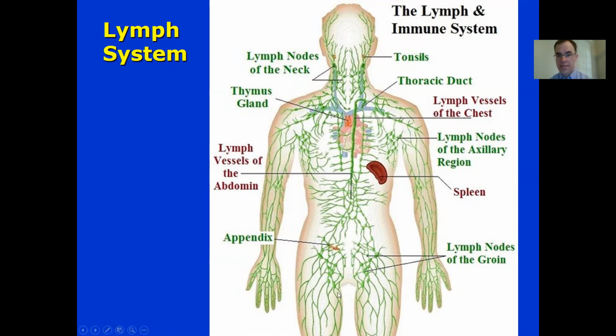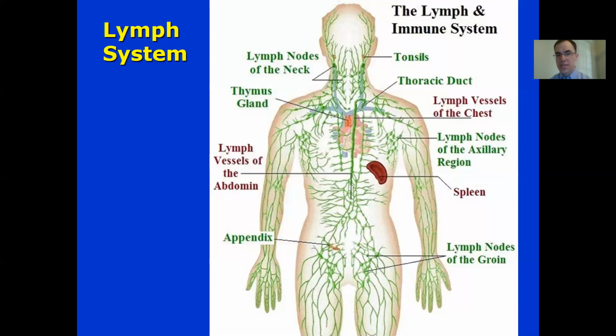The green lines are the vessels of the lymphatic system, and you have lymph nodes, like the ones in the neck. If you've been sick and the doctor feels underneath your throat, they're trying to see if your lymph nodes are swollen, which usually indicates some infection nearby.